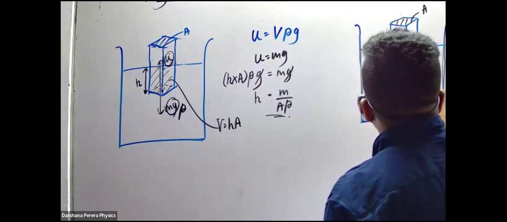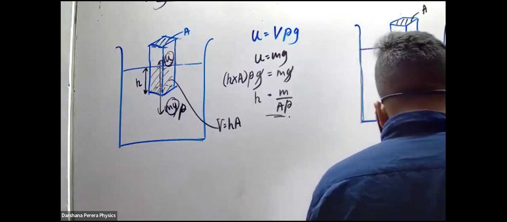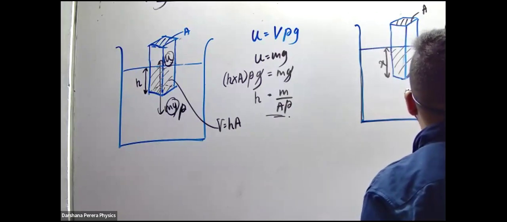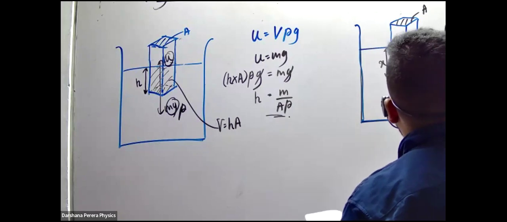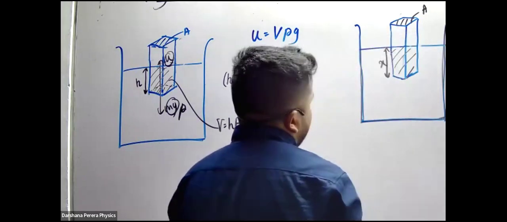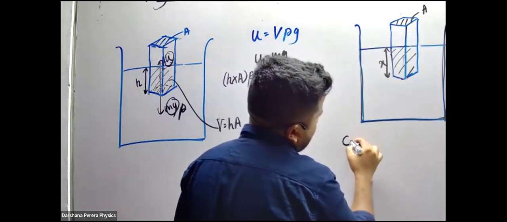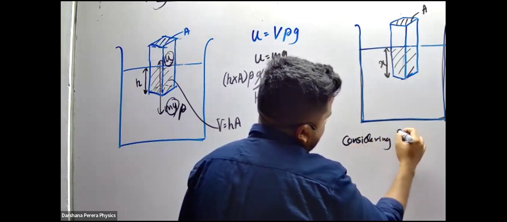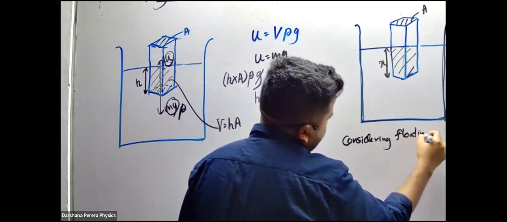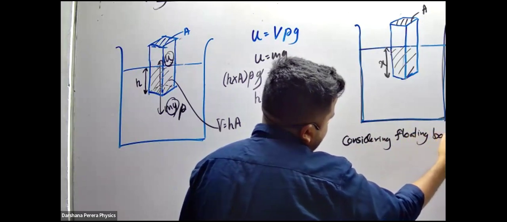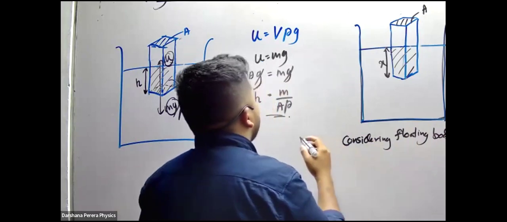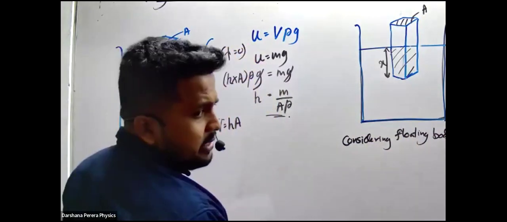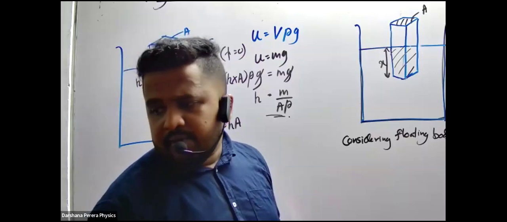A. So when it travels upward with uniform acceleration, so I can write, considering floating body. I cannot take this one. This is horizontal vertical force equilibrium. I cannot get that one.